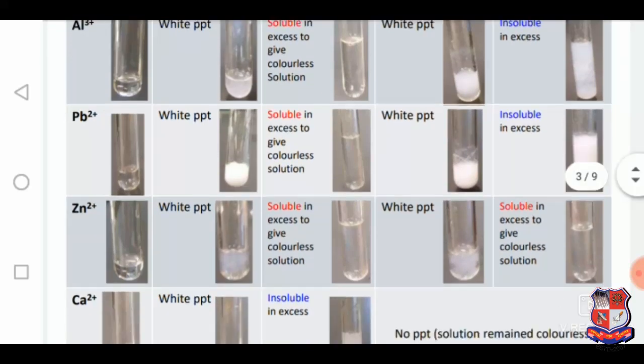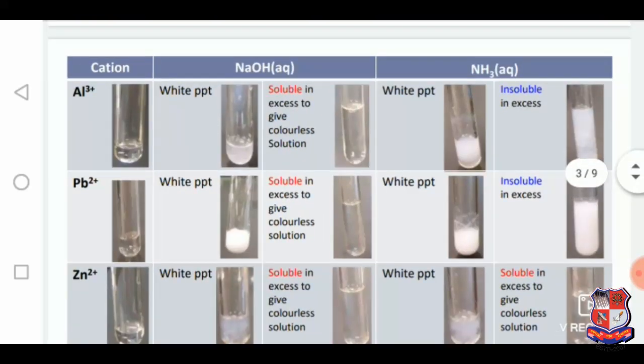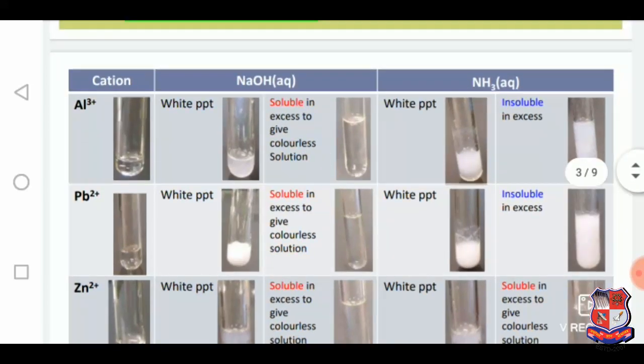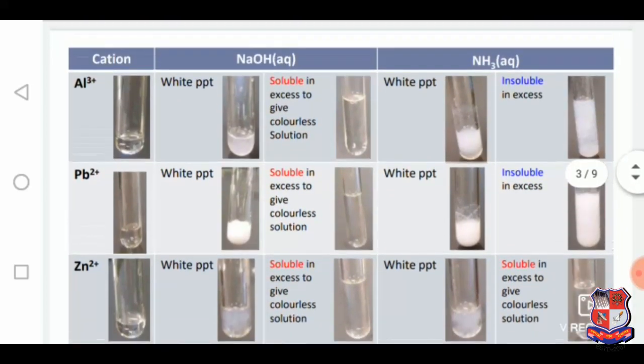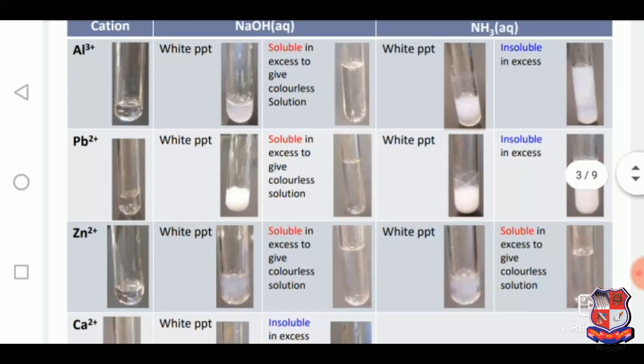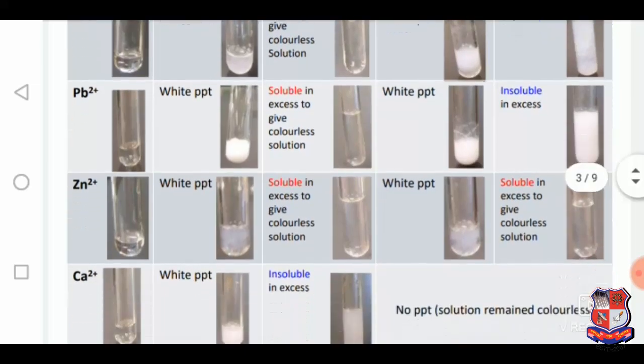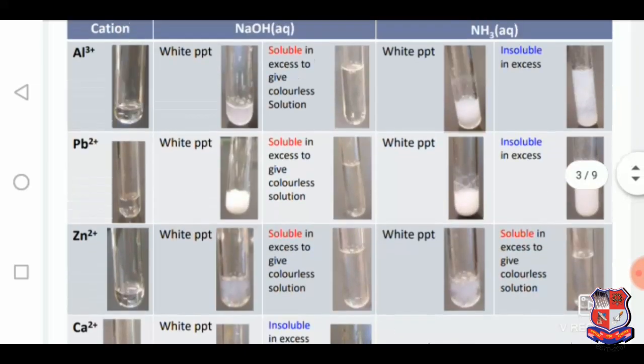Now second is lead, and here it is the same case as the previous one with NaOH and ammonia; the precipitate is insoluble. But for zinc, on the contrary, the precipitate will dissolve if we add excess ammonia after getting the white precipitate.